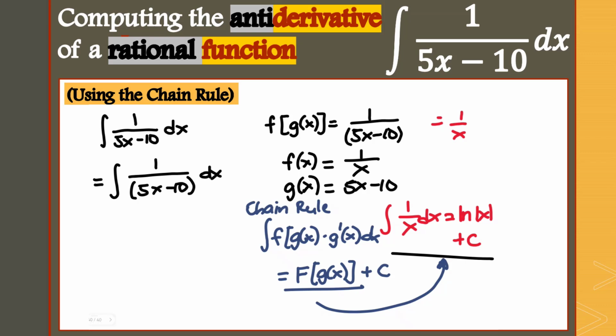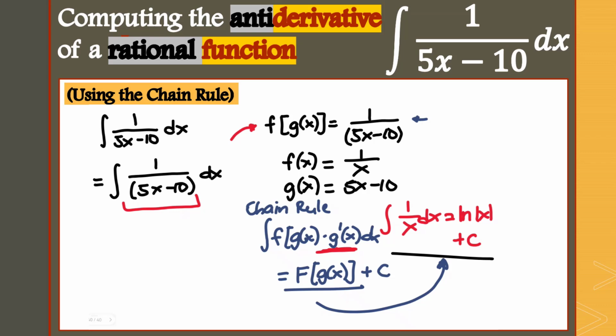Again, we cannot use the power rule, because if we're going to come up with an expression with negative exponent, the negative exponent is negative 1, and it's the only restriction for us to use the power rule. Okay, so in this case, what we need to integrate is this function here, because this is already f of g of x.